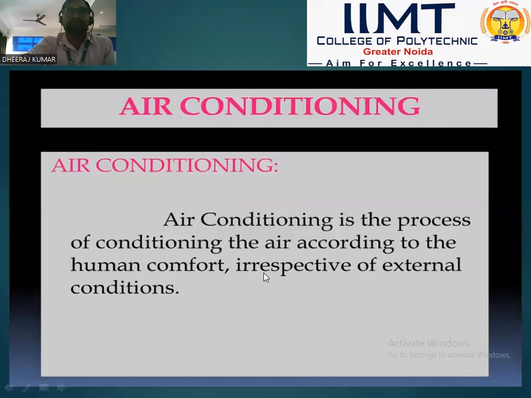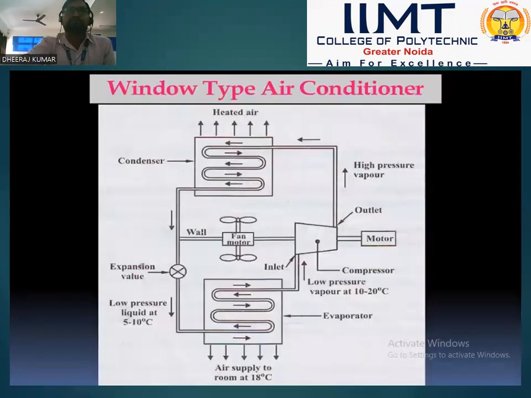Air conditioning system. Air conditioning is the process of conditioning the air according to human comfort, irrespective of external conditions. A window type air conditioner is shown in the figure. Window type air conditioning has four main parts: first, compressor; second, condenser; third, evaporator; and fourth, expansion device.